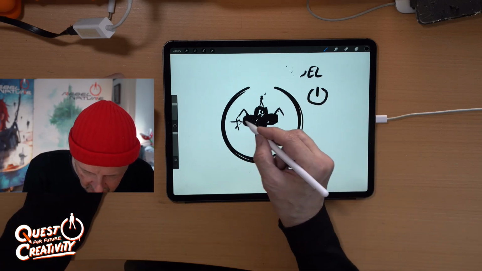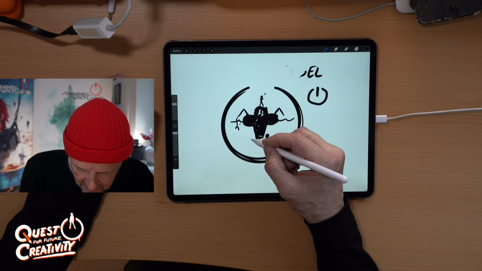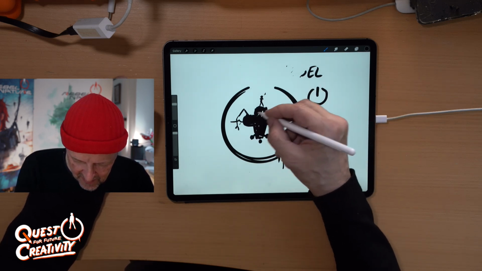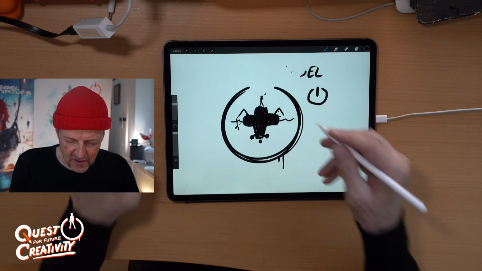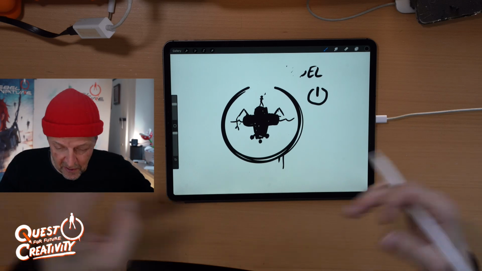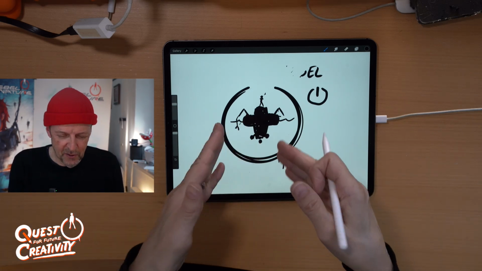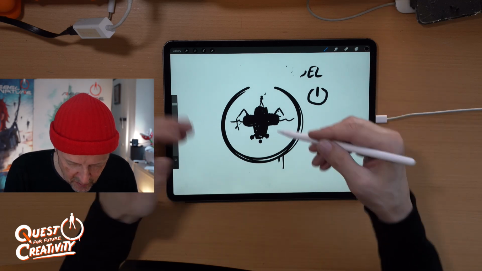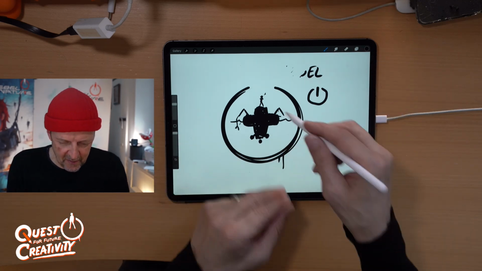And we have the waterline. So this is really fast drawn, but if you build something, a vehicle or a craft or something, you could make a silhouette of that, and that becomes a logo. And of course, you could even have the letter in there.